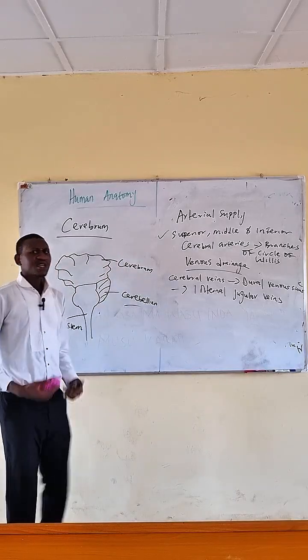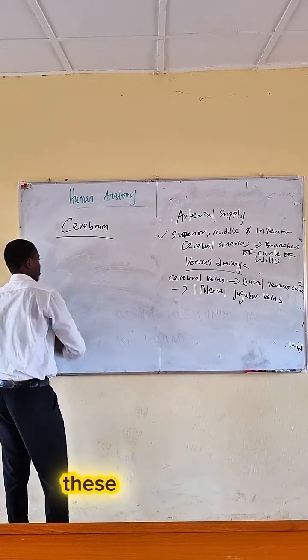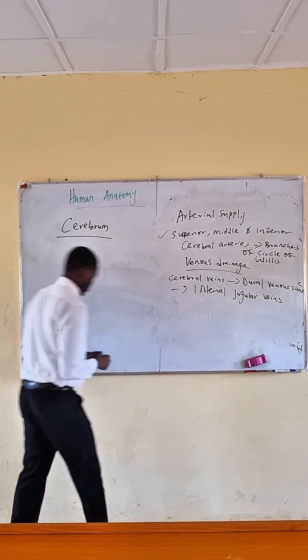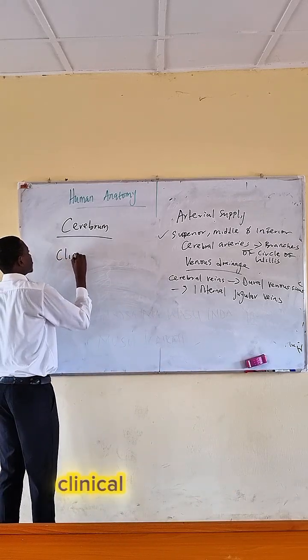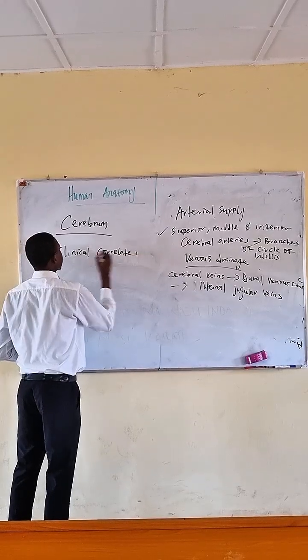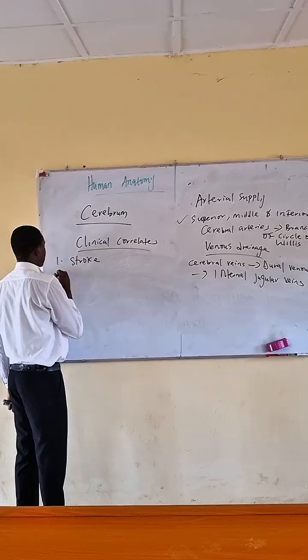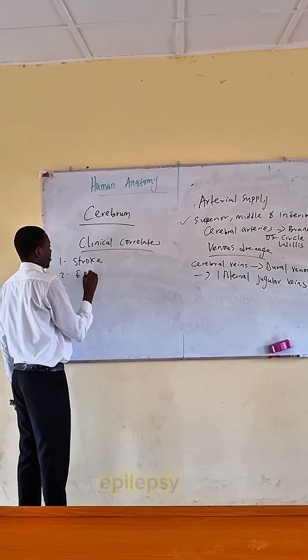So I will say, what are the clinical correlates of these structures? Clinical correlates. One, stroke. Two, epilepsy.